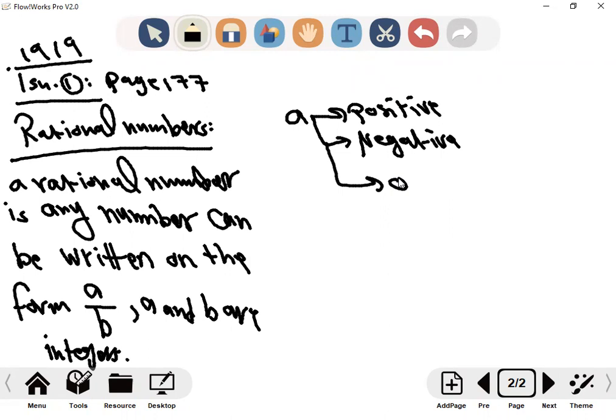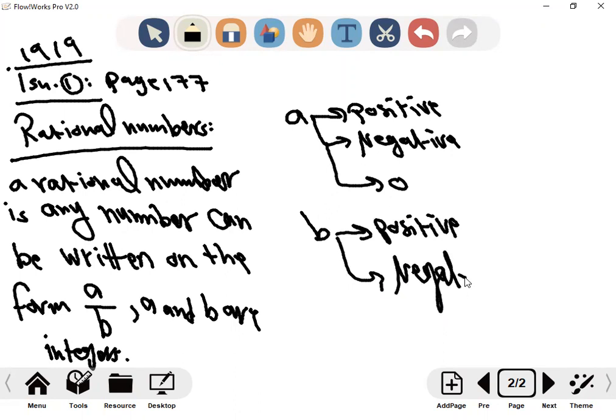B, the denominator down, can be only positive or negative integer. Cannot be zero. It can be any integer except zero, but A, the numerator, can be positive, negative, or zero.